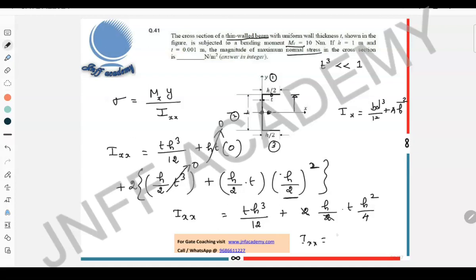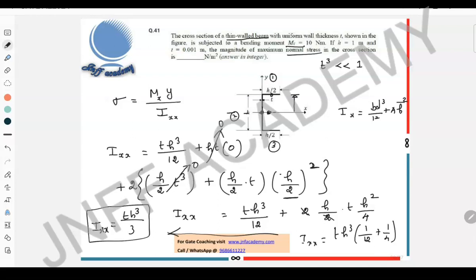Ixx is equal to T h cube, taking the common value outside, 1 by 12 plus 1 by 4. Now we have to take the LCM. After simplifying, 4 by 12 will come, so 1 by 3. So T h cube by 3. This is the moment of inertia.